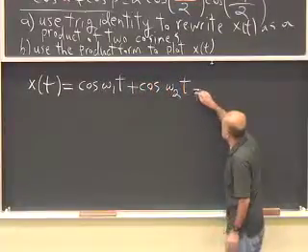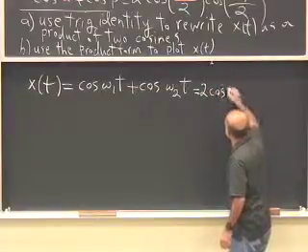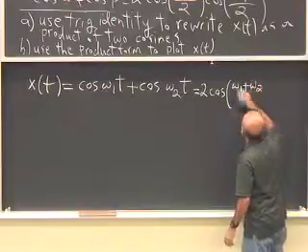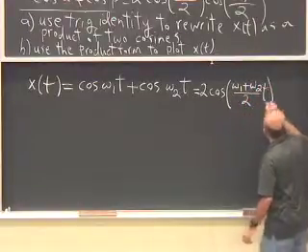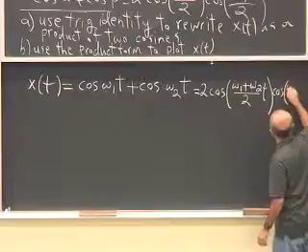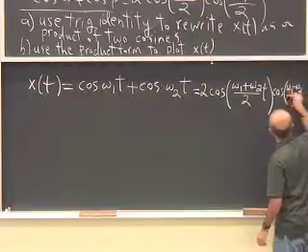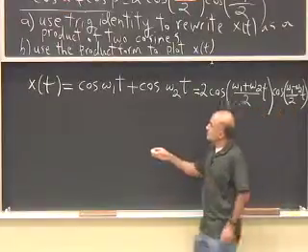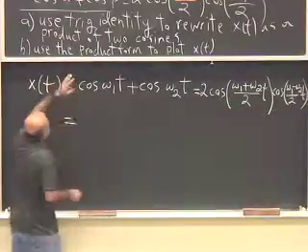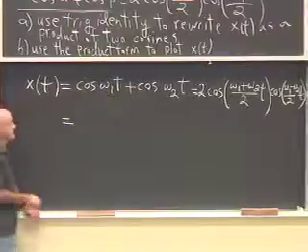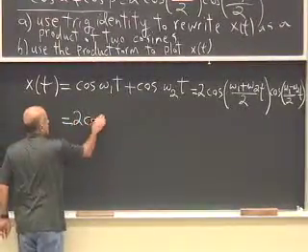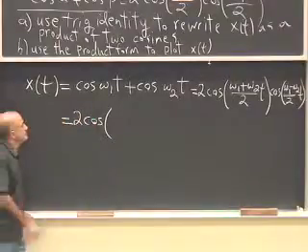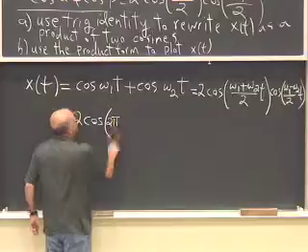And according to the identity, this should be 2 cosine of omega 1 plus omega 2 over 2t times cosine of omega 1 minus omega 2 over 2t, right? So tell me what these are for our particular choice of numbers. 2 cosine, omega 1 plus omega 2 divided by 2. You've got the 2 pi. So what do you have to add?